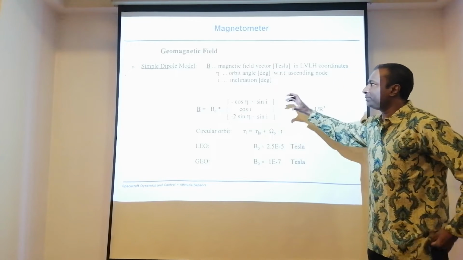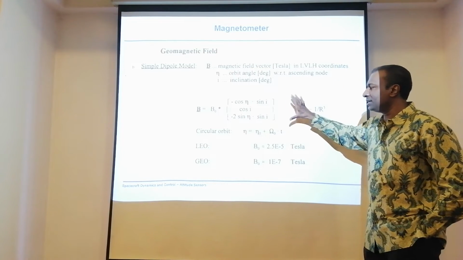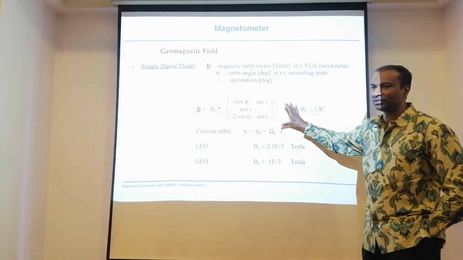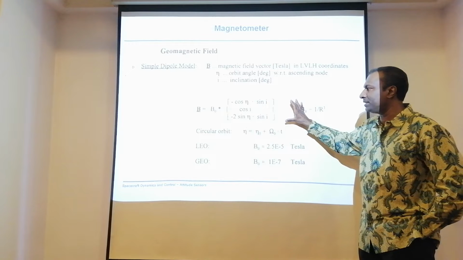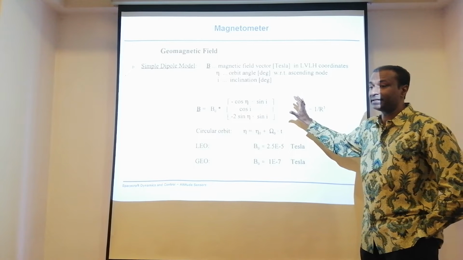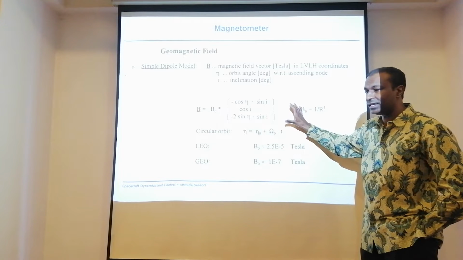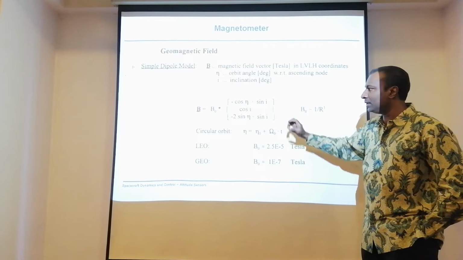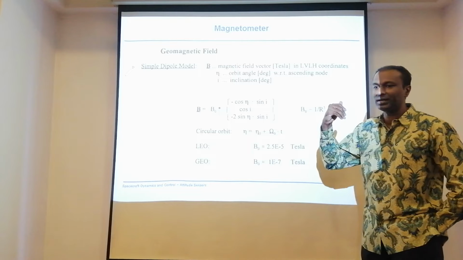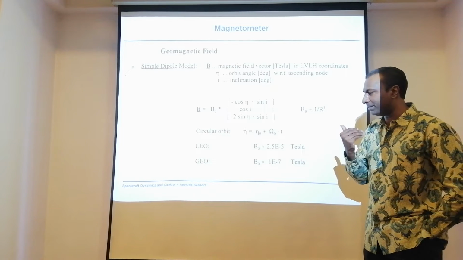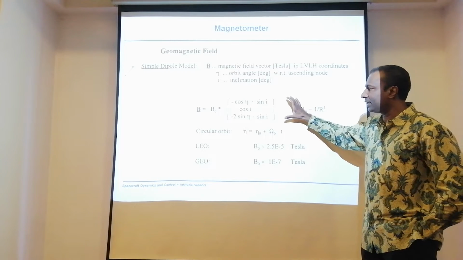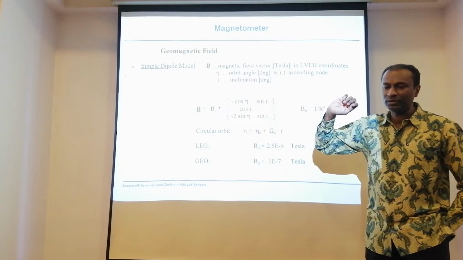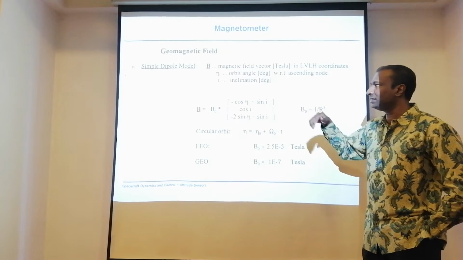A simple dipole model is what we use. I think you have seen this for the second, in fact third, time. I showed this in the disturbances in an orbit. Then we went into the actuator, magnetotorquers, and again this has been re-invoked for the attitude determination. So it's a simple dipole model.